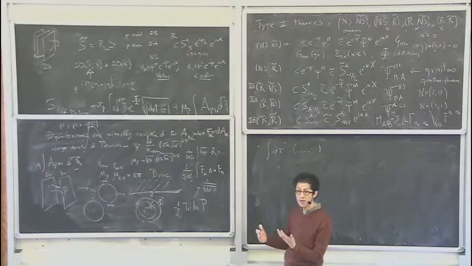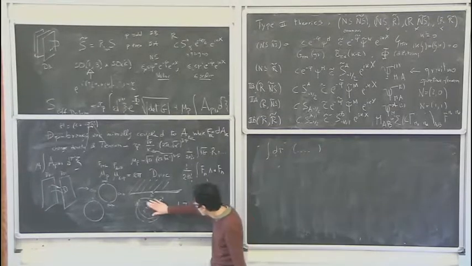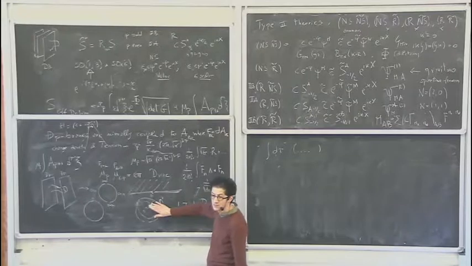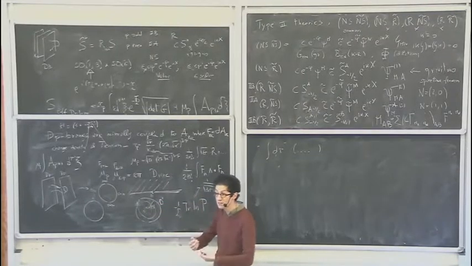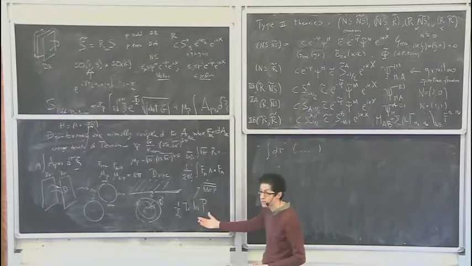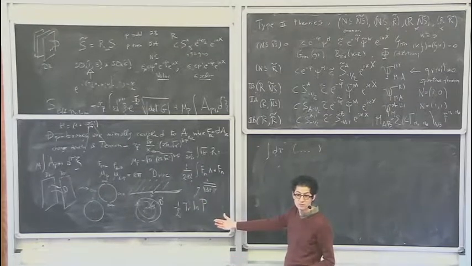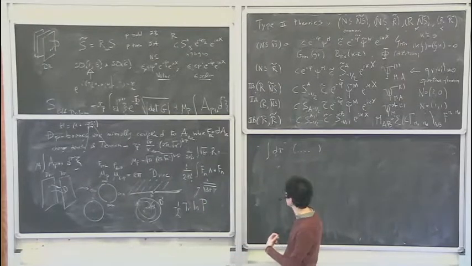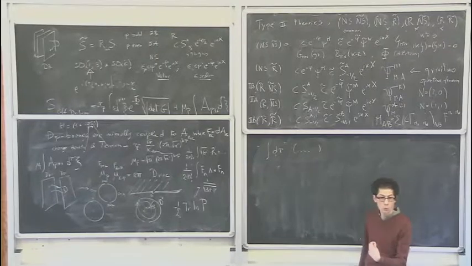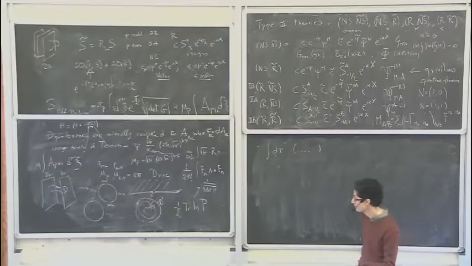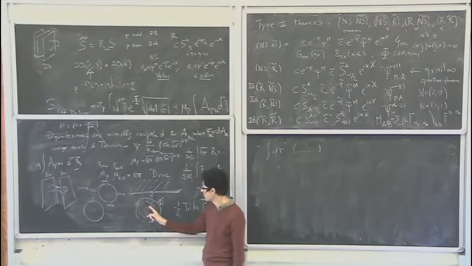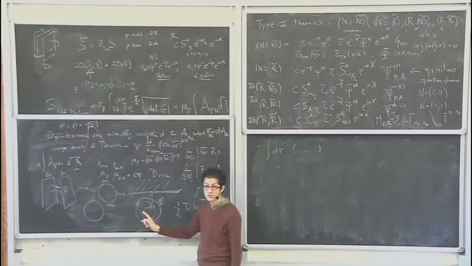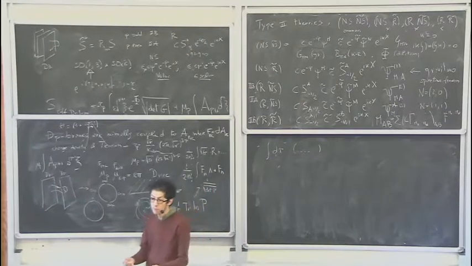In a conformal theory, the information about the area is not important. You can rescale, and all our theories here are conformal. So the only real parameter you are left with is the ratio of these two lengths. That ratio is a conformal invariant quantity.